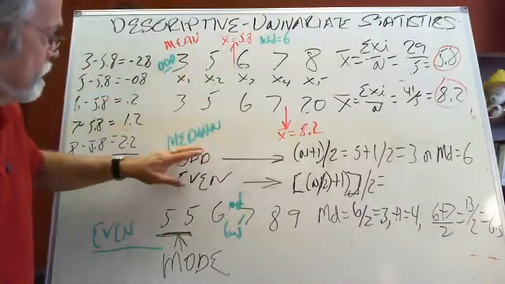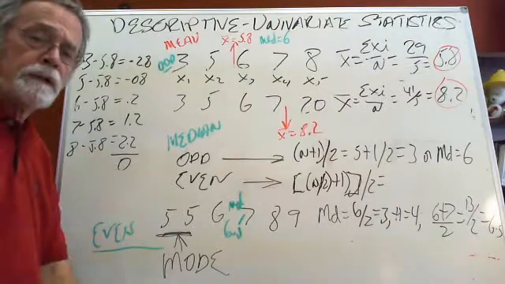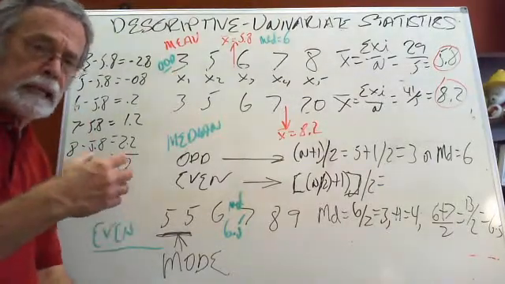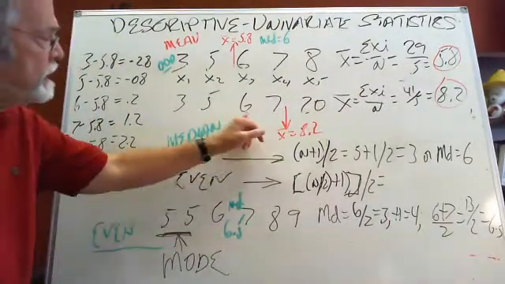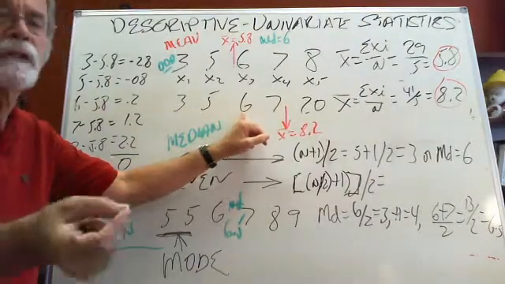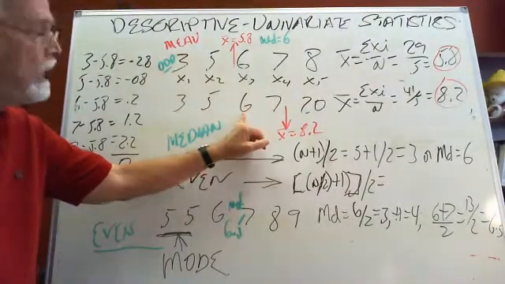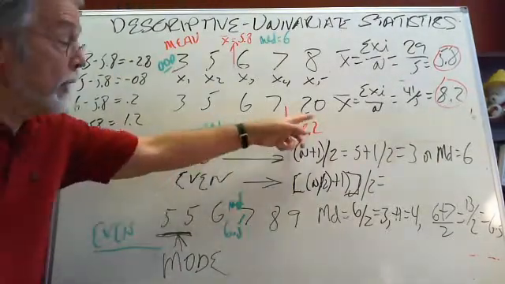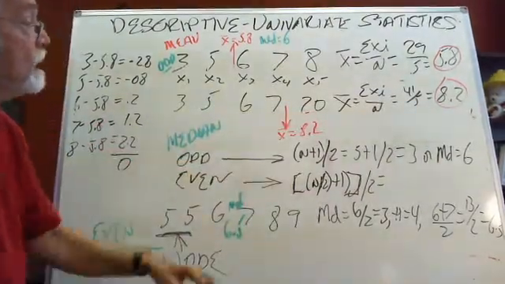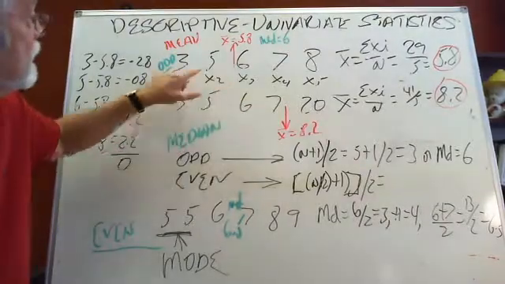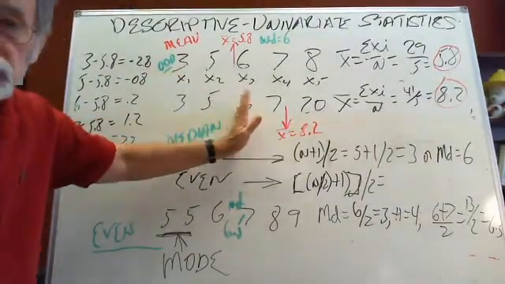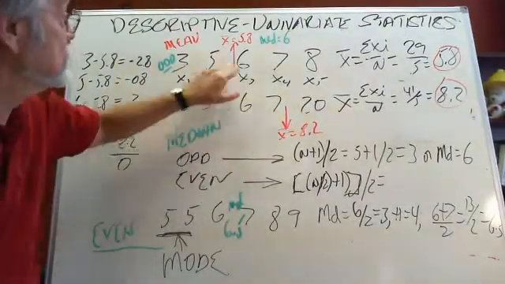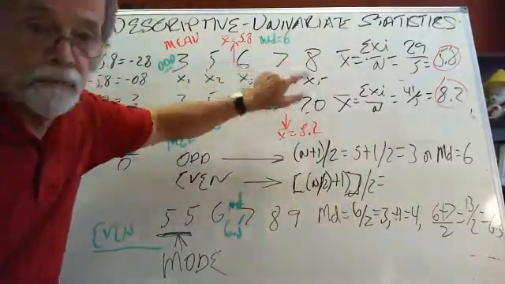So when we look at the same distribution from the standpoint of the median, a significant difference between the two. The median is sort of the geographic center of a distribution, and it's uninfluenced by values at the outlying ends of either the left or the right of the distribution. So let's go through this. This is an odd number, 1, 2, 3, 4, 5.